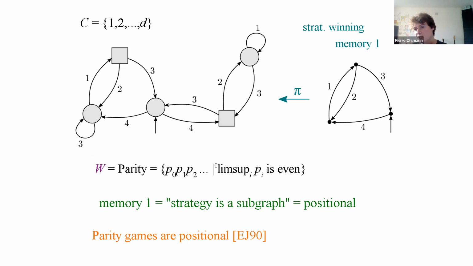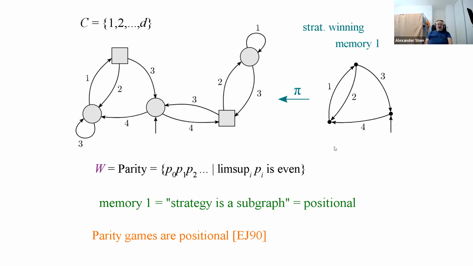You can win with no memory. So here, always the same thing means always to the left from this point and always upwards from this point. And this is exactly the same as saying that you can win with a strategy which is a subgraph. This is called a positional strategy. It has no memory. You don't need to remember anything. You can always play the same thing from a given point.